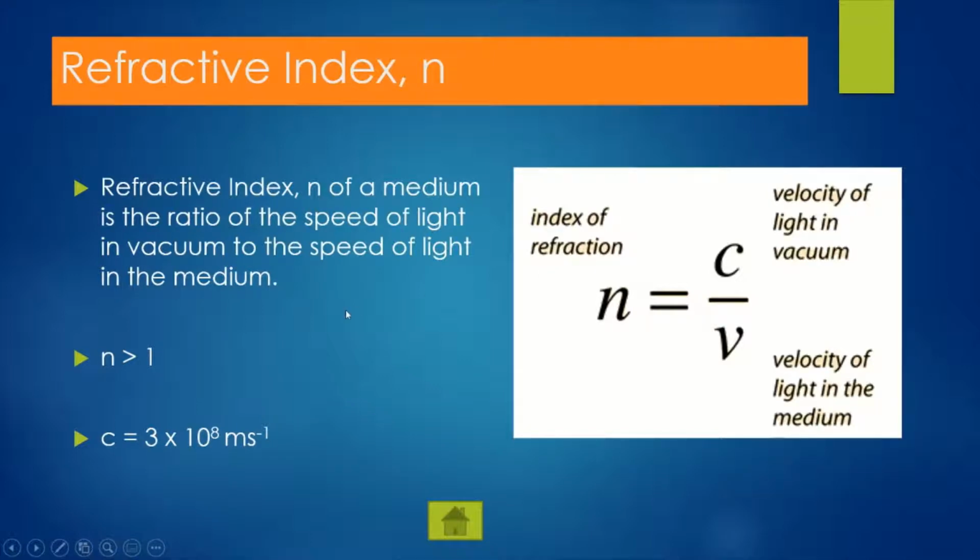The speed of light in vacuum is 3 times 10 to the power 8 meters per second. The speed of light in a medium will always be slower than in vacuum. Therefore, n will always be more than 1. n will not take a value that is less than 1.